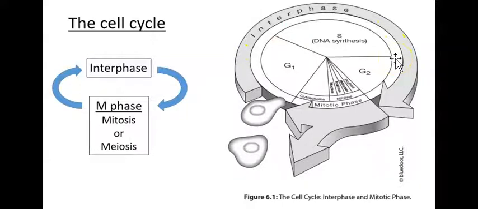This is estimated to be about 90% of the time of a cell's life it's going to spend in interphase, and then 10% of that time in this mitotic phase, where it's going through some characteristic events in mitosis or meiosis. And at the end of that process, you have cytokinesis, which again literally means cell moving, and the product of this M phase is you're going to get your cells that need to move apart there.